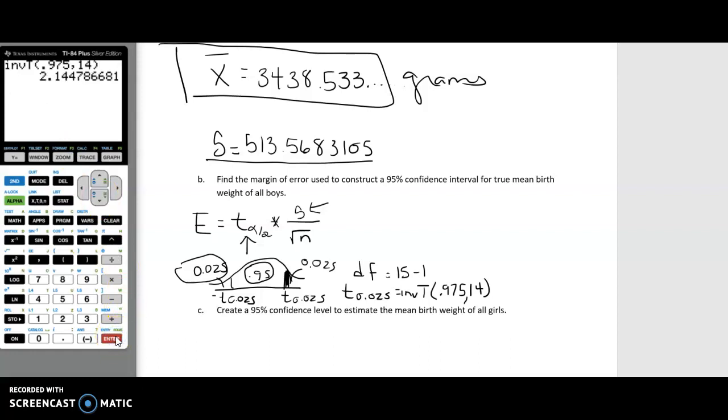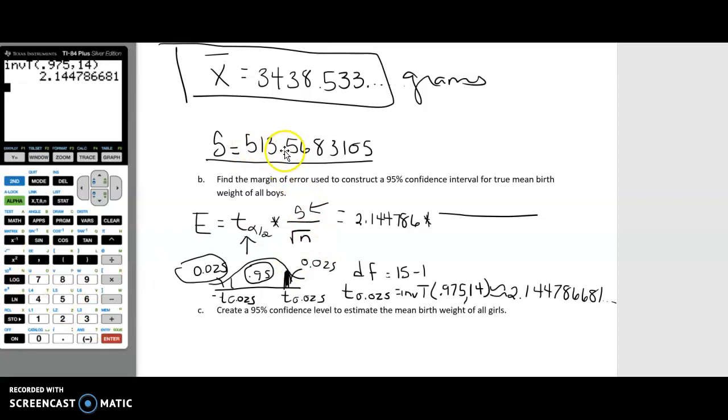And so our t value is 2.144478661... I'm not going to round these values until the end, so I'm going to go out far enough that I don't have rounding issues. So that's our t value, 2.144786.